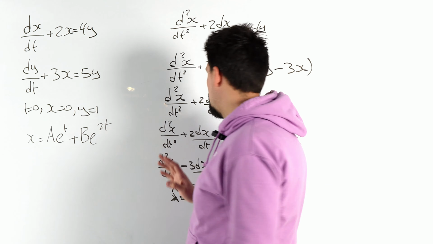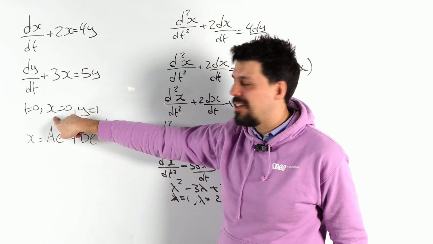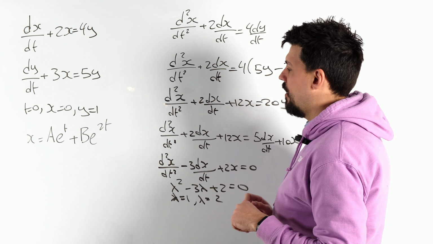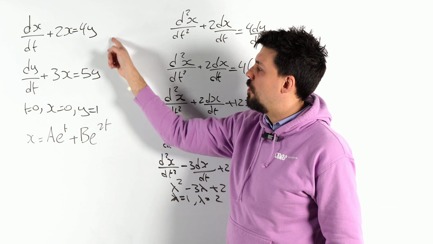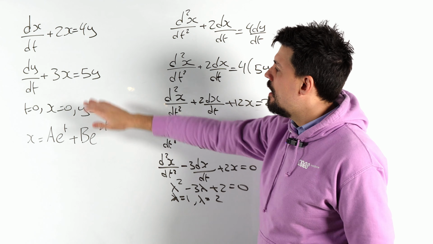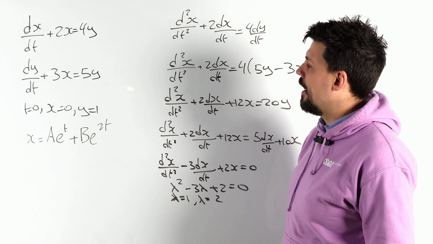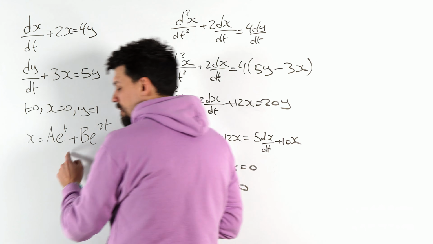Because essentially this is a second order differential equation. I only have one initial condition for x, so there's something else going on. So what we need to do is leverage the fact that I have two conditions, one for x, one for y. So we're going to hold on to that, and now we're going to go look at dy/dt. We could do the whole thing, but we've already got something here for x.